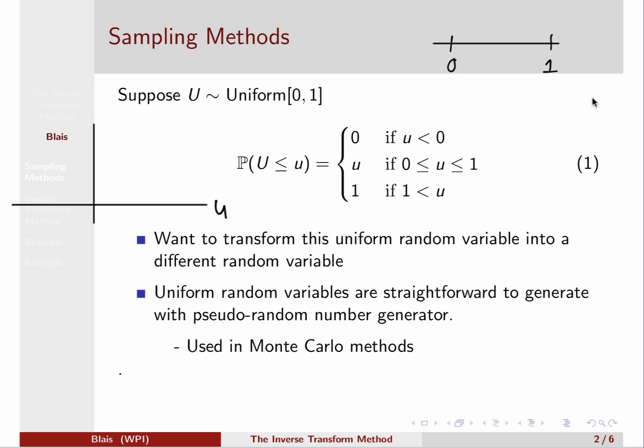If U is less than 0, then the CDF is equal to 0. Then if U is between 0 and 1, it's equal to U. So it's going to be this 45-degree line on that interval 0, 1. And then we hit 1 if U is bigger than 1.